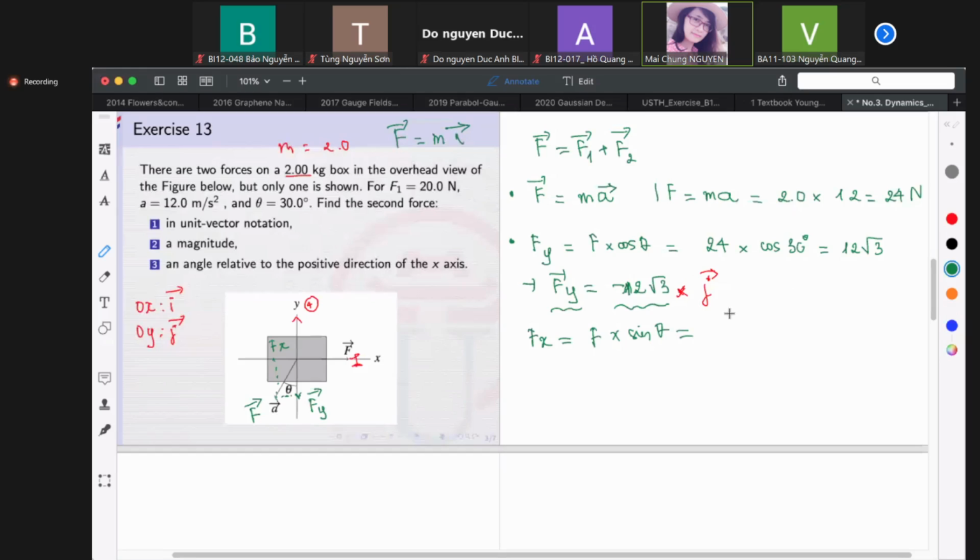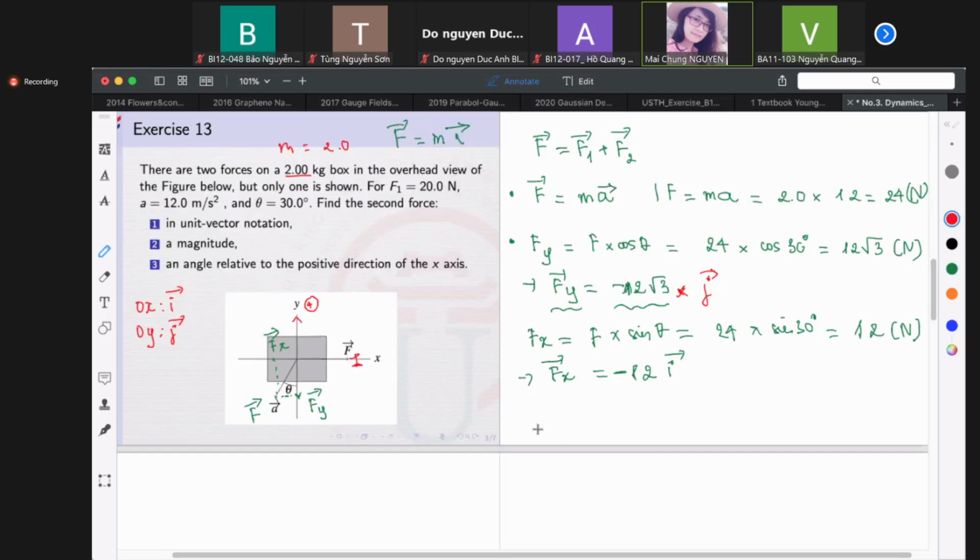Now it is super easy, with 24 multiplied by sin 30 degrees. So how about this? We have 12 Newton. Don't forget we use the Newton as the unit of force, right? So now could you show the vector Fx? Fx equals minus 12 i. Is that true? So vector equal to vector is correct.